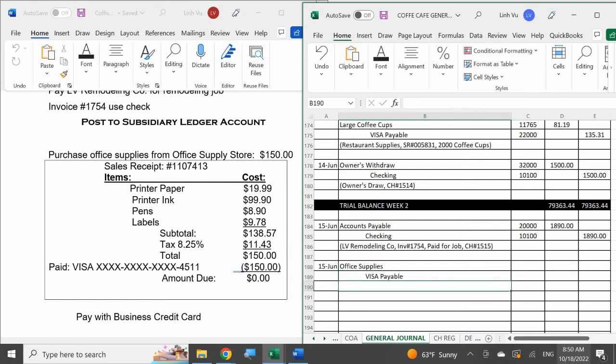What accounts are those? 22,000 for Visa payable, and let's see, office supplies, 11,800.